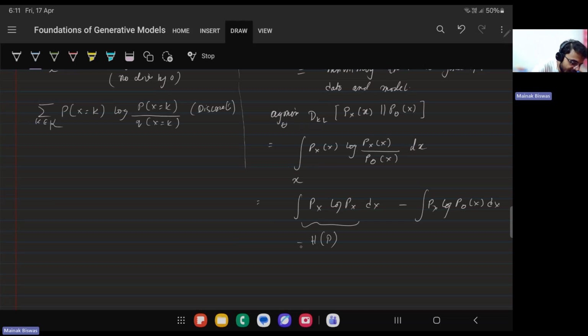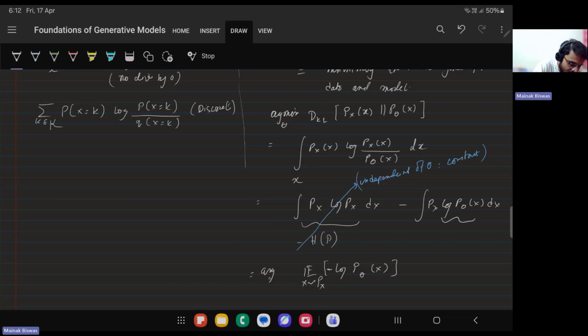But this is independent of theta and is constant. Since it is constant, this is equal to writing minus, again an expected value of x sampled from p(x) of log p_theta(x), I can put the negative inside.